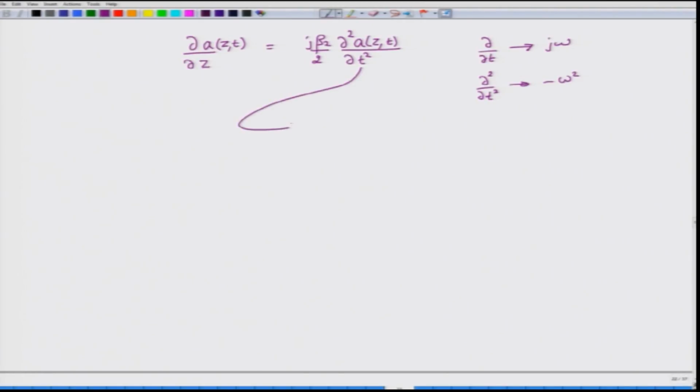The time that we have written is not actually the time variable, but what is called the delayed variable, or the retarded time. Okay. Retardation means delay. And that retarded time is delayed by a factor of z by Vg. You recognize that z by Vg would be the delay that the center of the pulse would experience while propagating through the fiber with a velocity Vg, and we have simply taken the time reference to be on the center of the pulse.